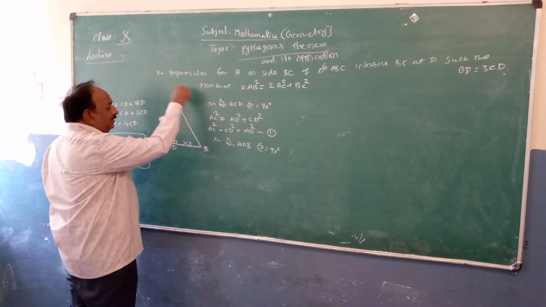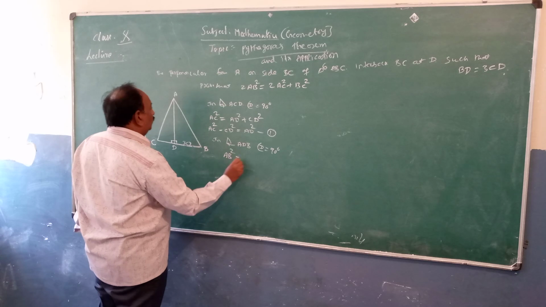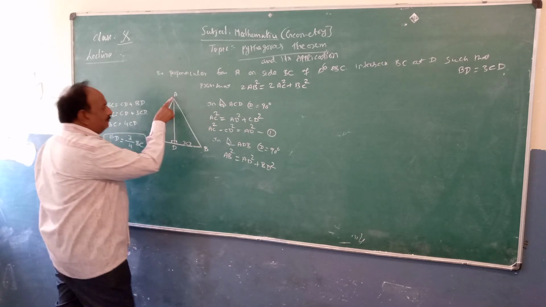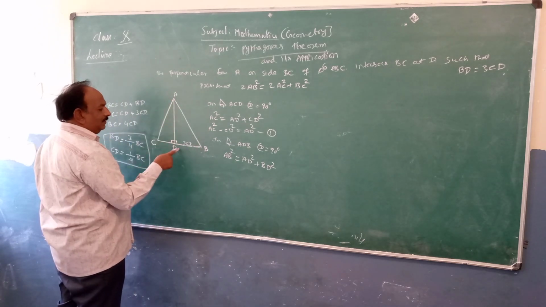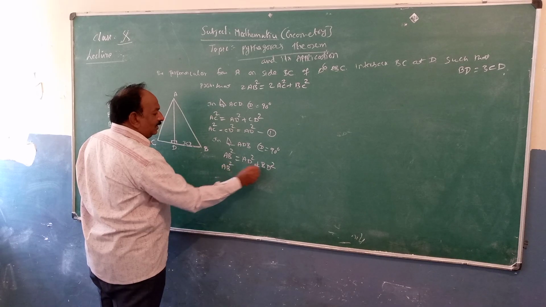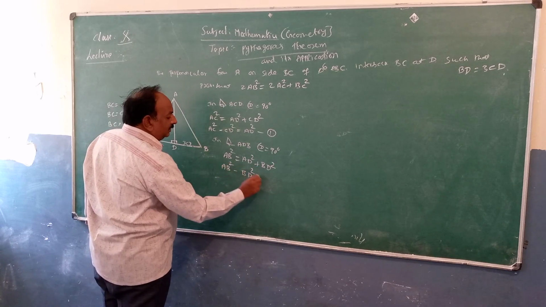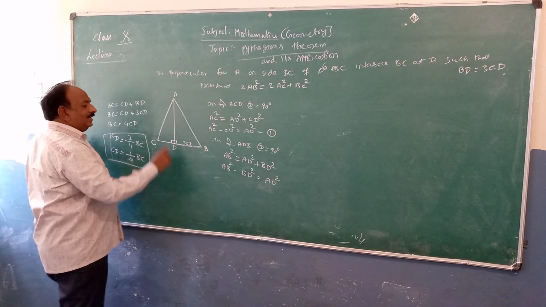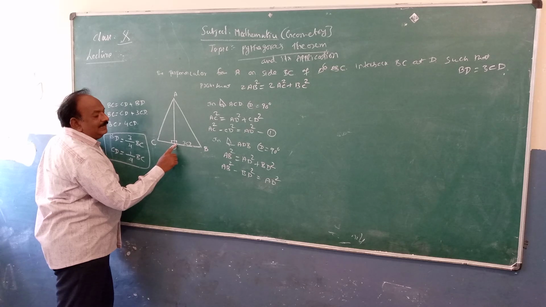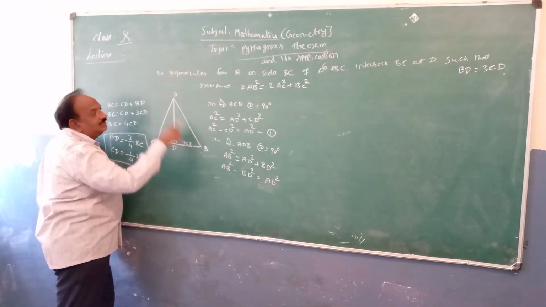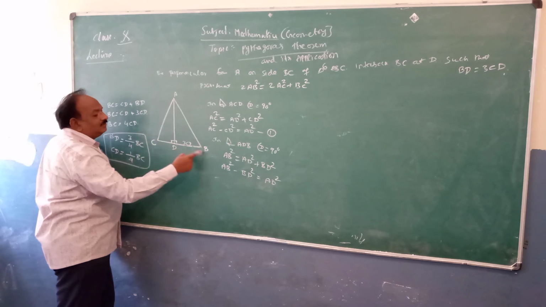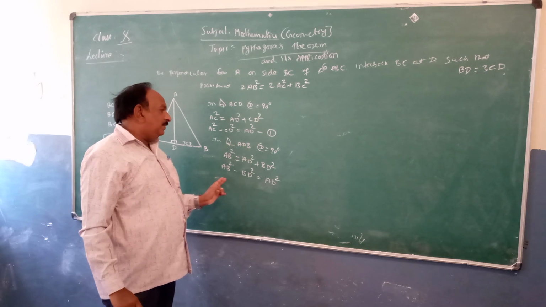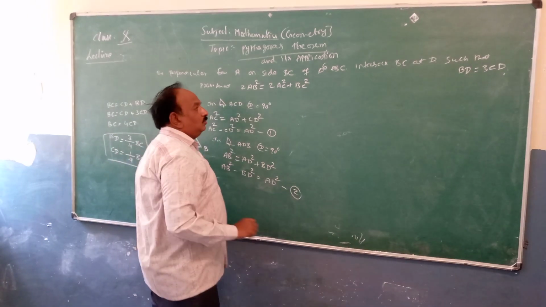Again applying the Pythagoras, AB square is equal to AD square plus BD square. AB square minus BD square is equal to AD square. Call it as equation number 2.